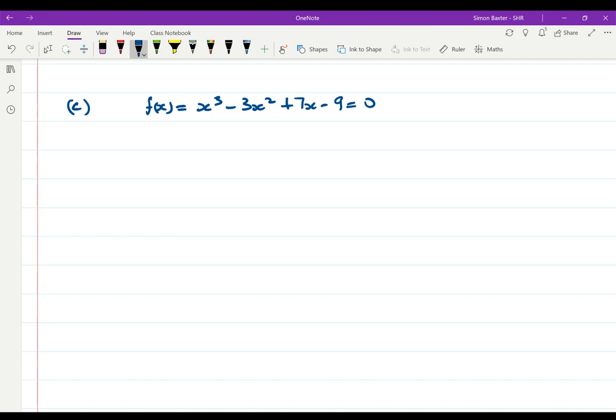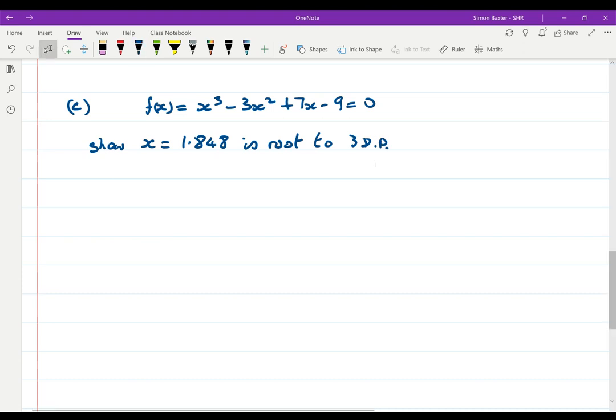And we're asked to show that x equals 1.848 is the root to 3 decimal places. There is only one way that your exam board accepts this.